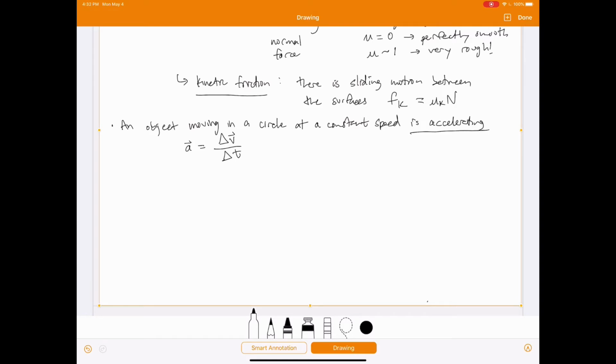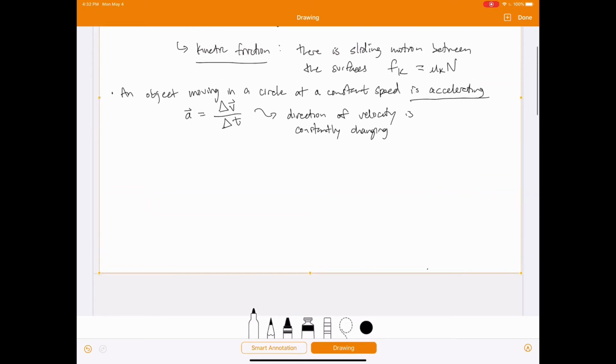Now, as long as velocity is changing, as time goes on, you have acceleration. So velocity can be changing in one of two ways. The magnitude can change, meaning you're speeding up or slowing down, or the direction can change. That's what's happening here when we move in a circle. The direction of velocity is constantly changing. To kind of sketch this out, let's say this is our circle.